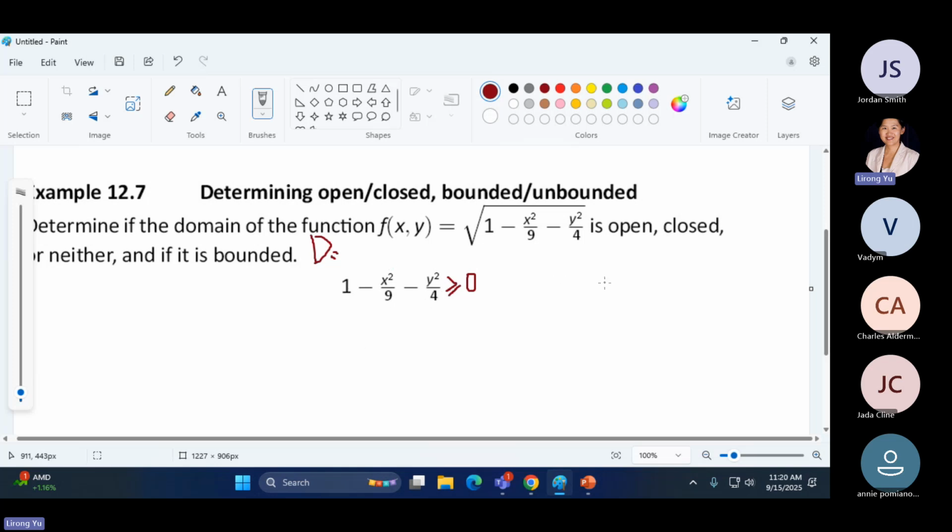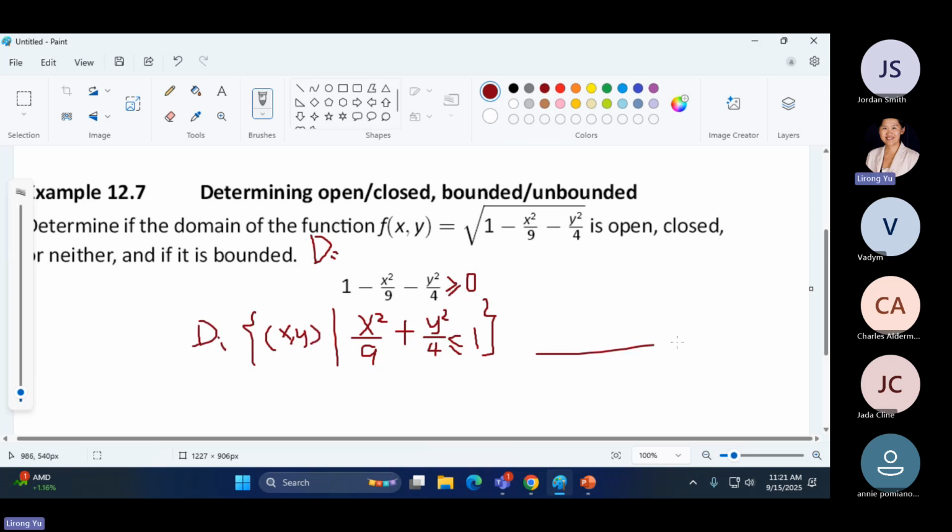We bring the negative terms to the right side and switch the direction of the inequality. That's how we get x squared over 9 plus y squared over 4 is less than or equal to 1. All the points that satisfy this condition live inside the ellipse, and that's the domain.